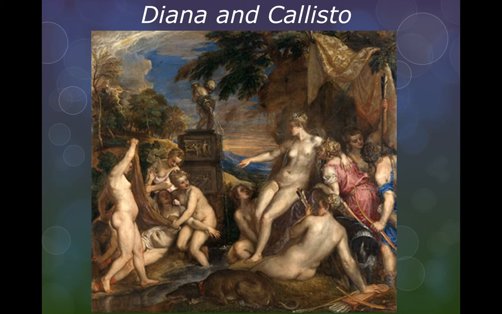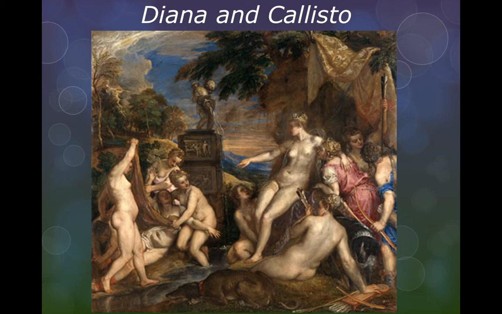And so she took her bow and arrow and basically wanted to go and hunt down Callisto and her child. And that Jupiter, to protect them, turned them into bears and then put them into the sky to keep them safe from Diana so she couldn't hurt them.